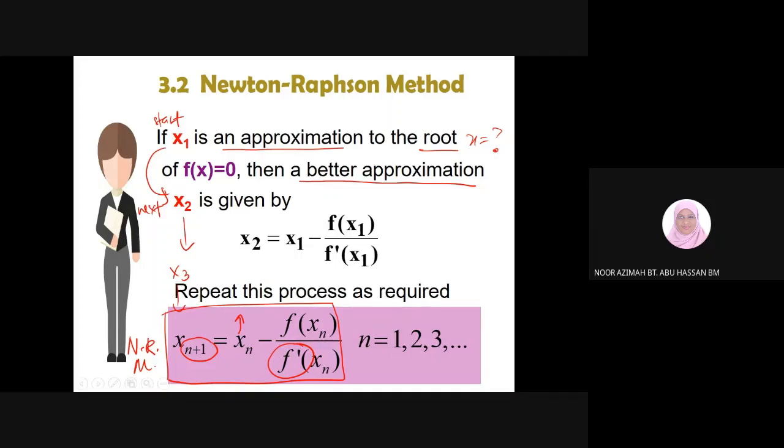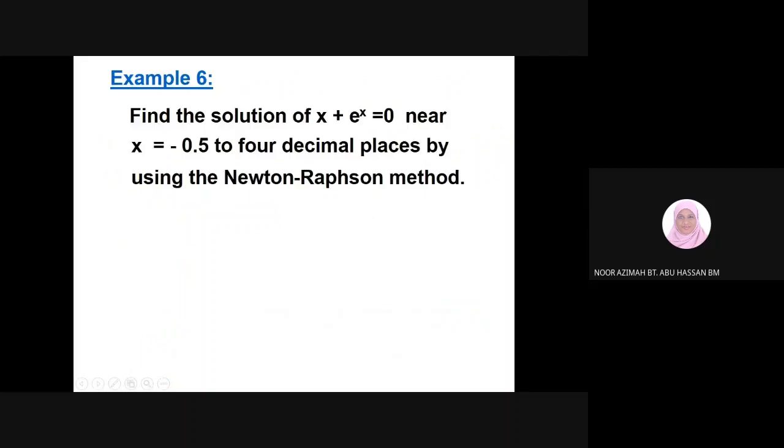We look at example 6 to explain in more detail how we apply the Newton-Raphson method. Find the solution for x plus e to the x near to x equals negative 0.5 to 4 decimal places by using the Newton-Raphson method.